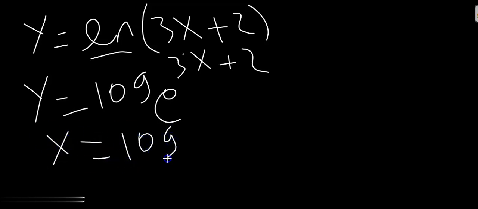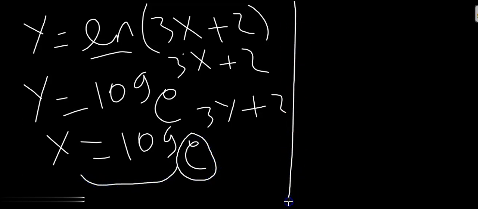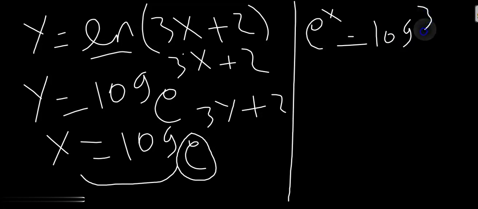When we substitute, we're gonna get log e 3y plus 2, and then we take the letter and put it over here. So when I put it over here, I'm gonna get e raised to the x equals log, 3y plus 2.